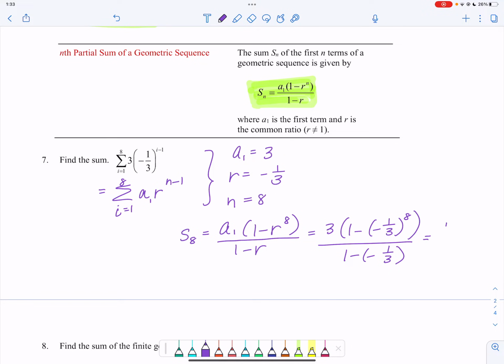You will have to do a little bit of math there, and also your frac on your calculator.